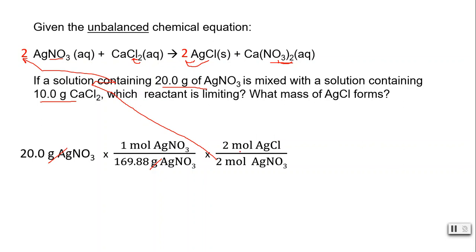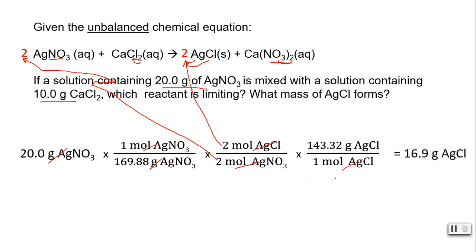For every 2 moles of AgNO3, I have 2 moles of AgCl. And then I use the molar mass of AgCl to go from moles of AgCl to grams of AgCl. Doing that calculation gives me 16.9 grams of silver chloride.